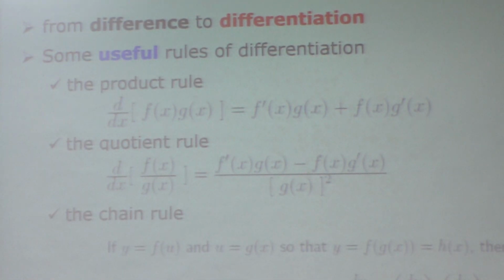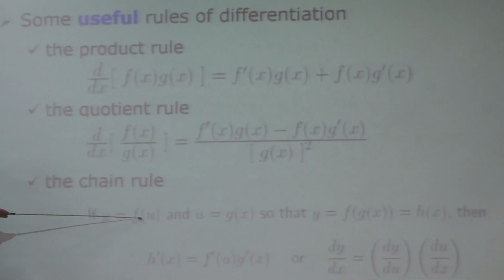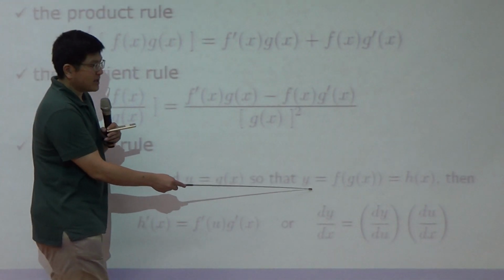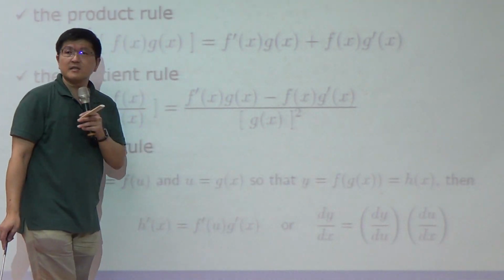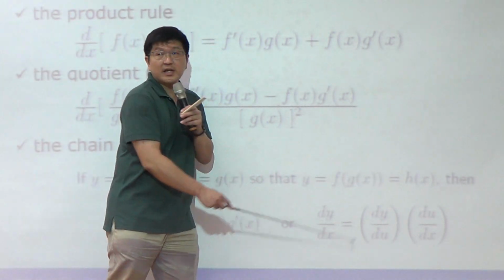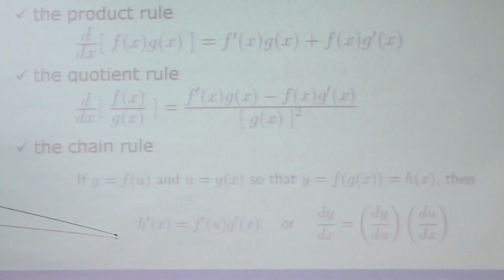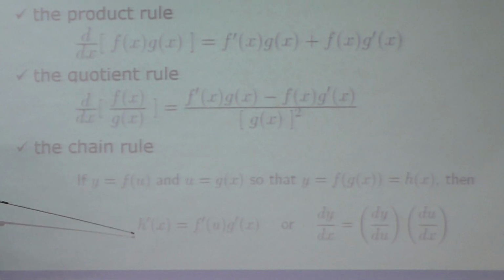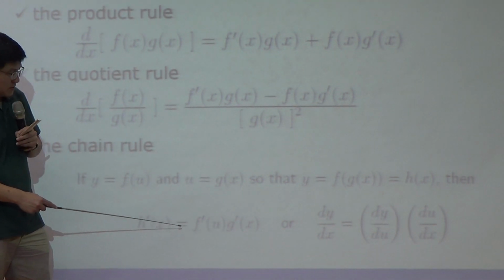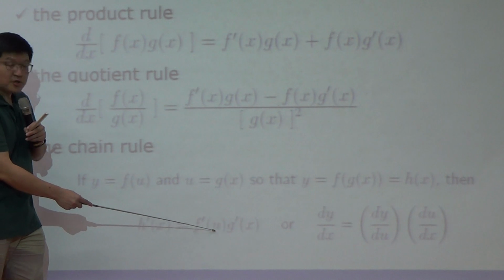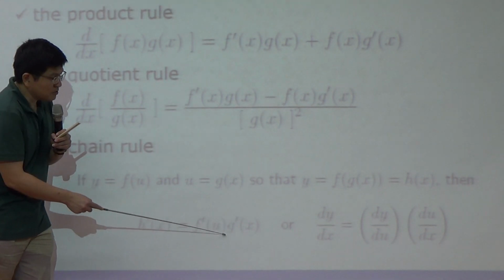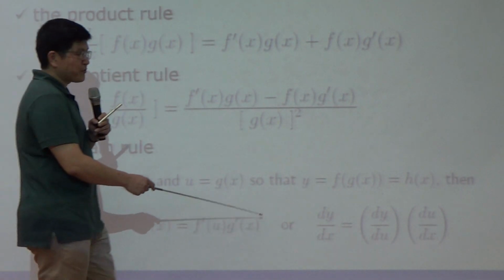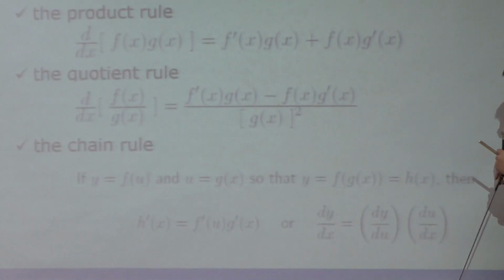The chain rule. So if y equals f of u and u equals g of x, so that y equals f of g of x is a composite function h. So how to differentiate h with respect to x? We differentiate f with respect to u and differentiate u with respect to x. Or in this form, it can be clearer.